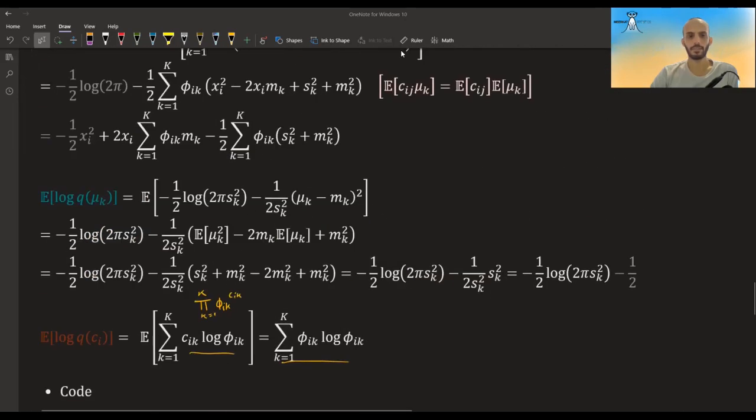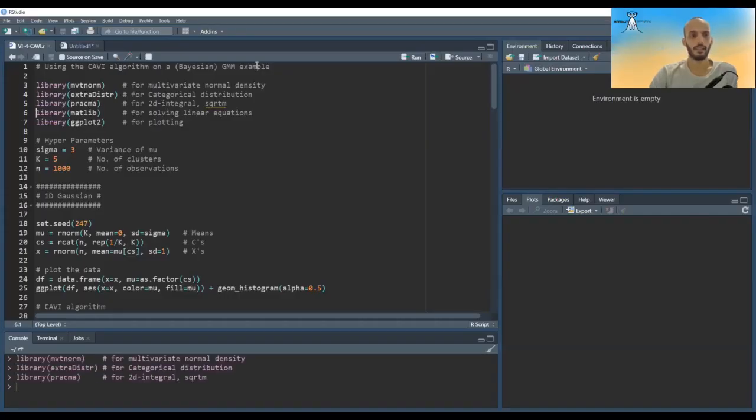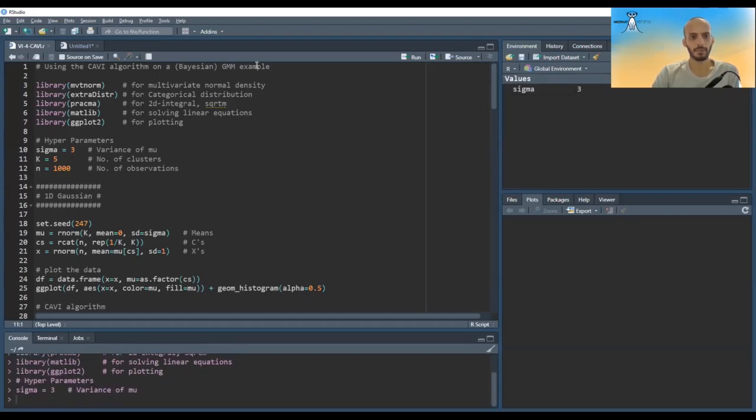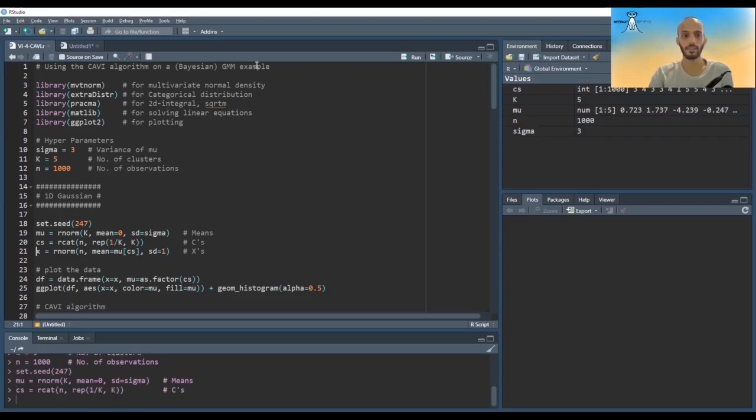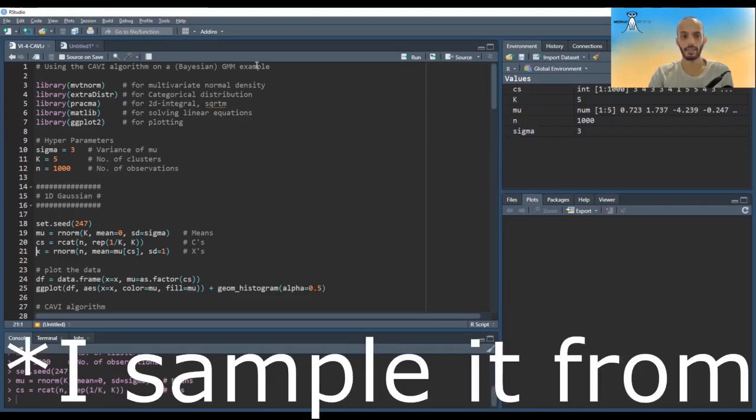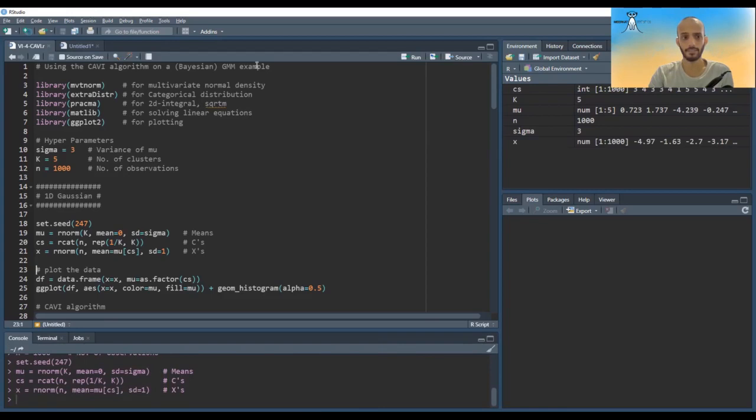Okay, let me switch into the code. These are the packages I will use. I will use a hyperparameter for sigma, which is 3. Let's suppose we have 5 centers, 5 clusters, and 1,000 observations. I randomly sample the means of the clusters, I randomly sample the clusters for each observation, and for each observation I give it the relevant cluster.